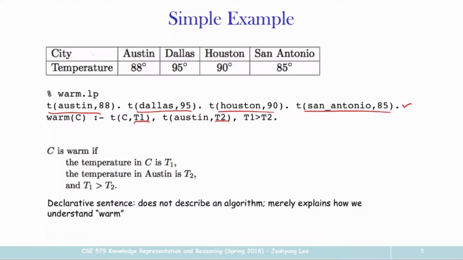Now, when you find these warm cities, note here that we are not describing an algorithm to find it. We just declare what the warm cities are, and it's up to Clingo to find the solution. Of course, there is the solving component of Clingo, which we are not going to talk about today. We'll first focus on how to represent this knowledge in the language of Clingo.